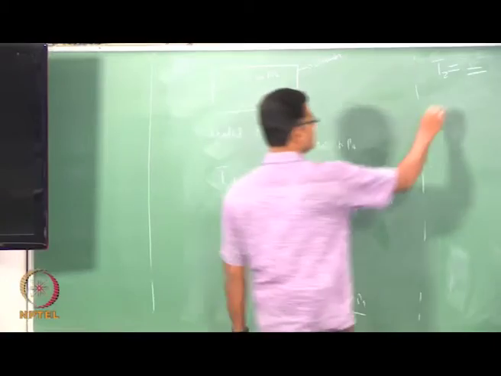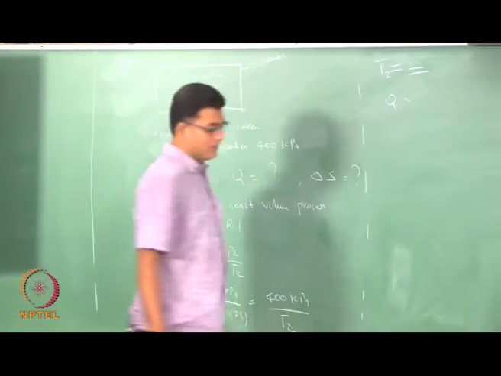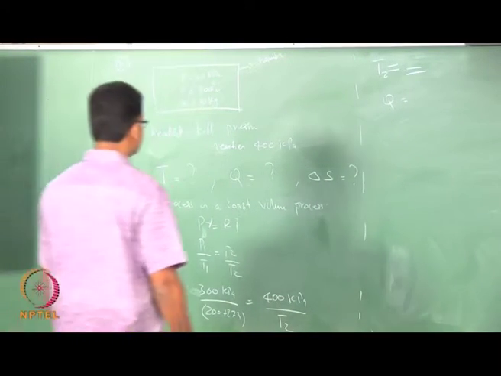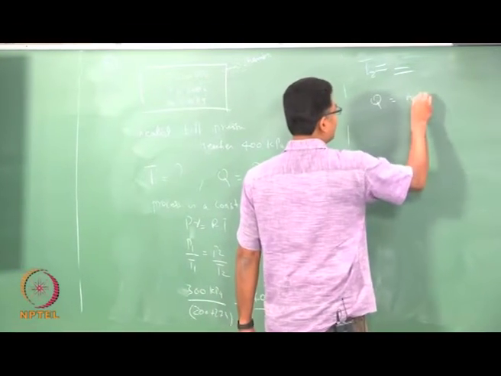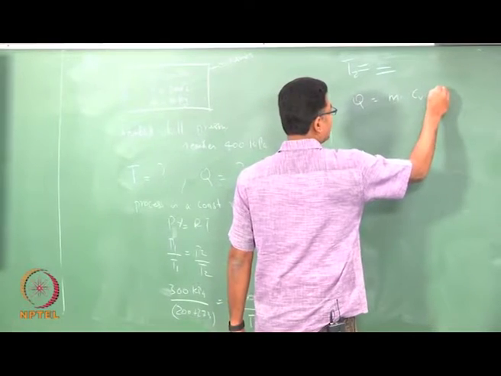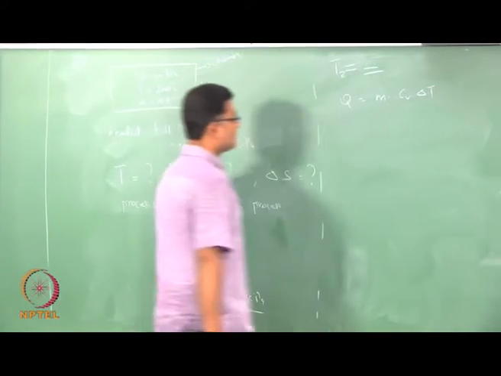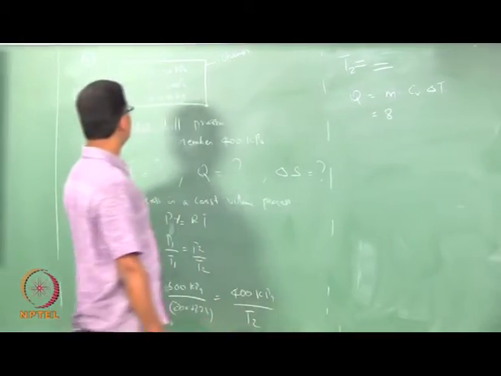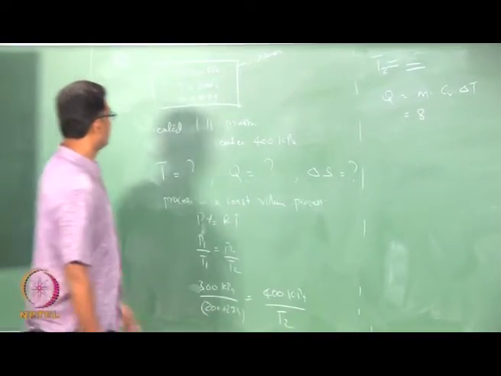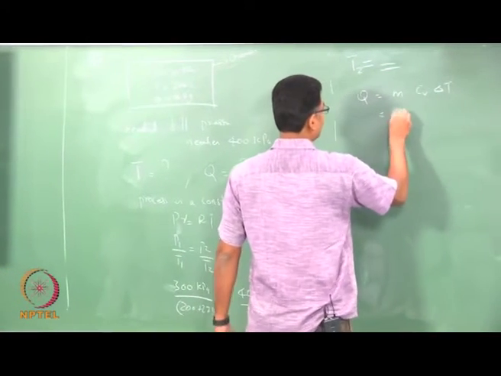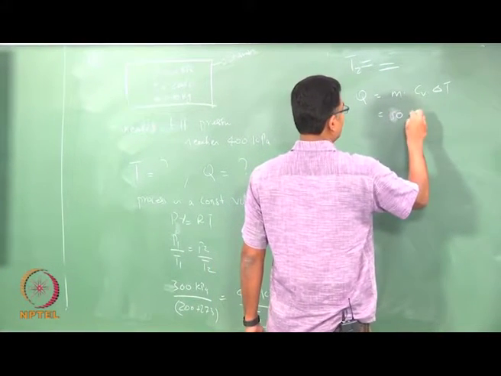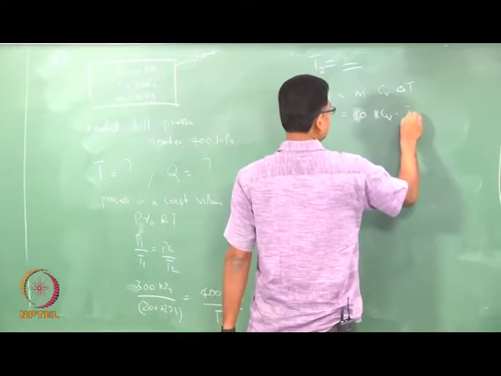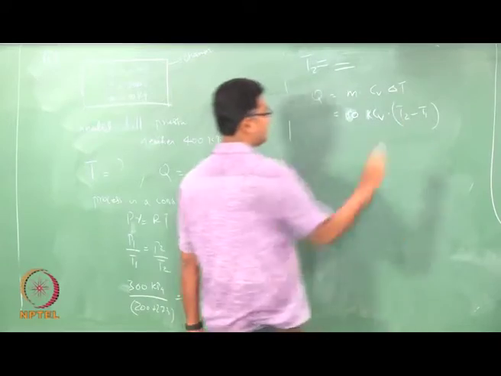So, what is Q? It is a constant volume process. So, your mass into CV into delta T. So, mass is 10 multiplied by the appropriate CV into T2 minus T1.